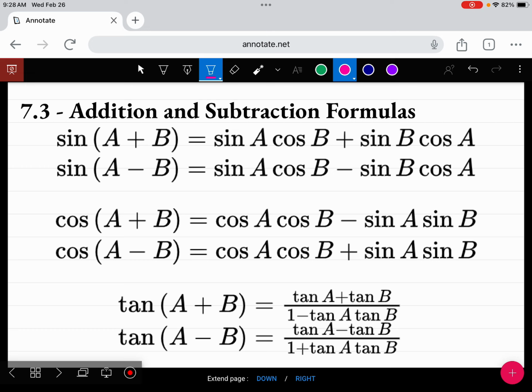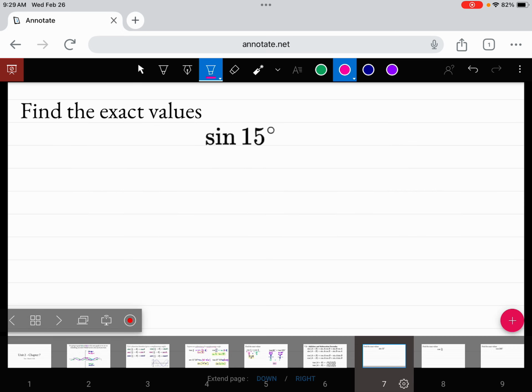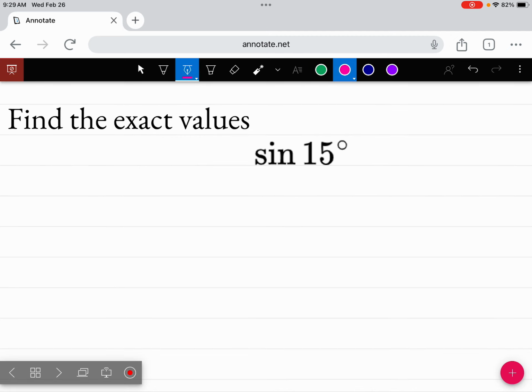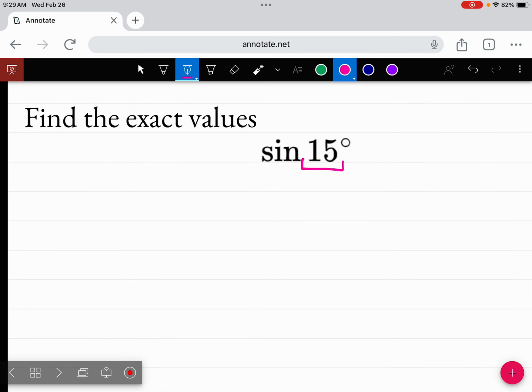I'm going to switch it. Because what we're going to use this for is to find something like sine of 15. 15 is not an angle that we know off the top of our head. But I want us to think through the angles we do know, and whether any two angles we know will either add to make 15 or subtract to make 15.